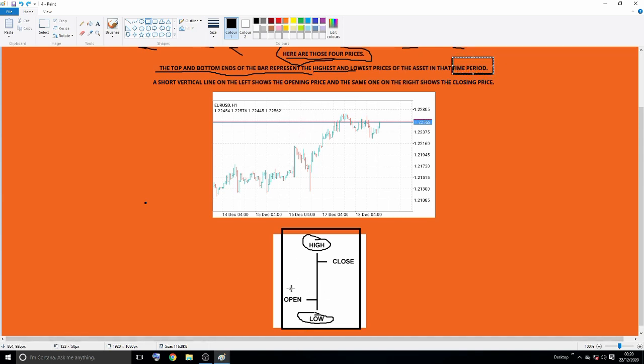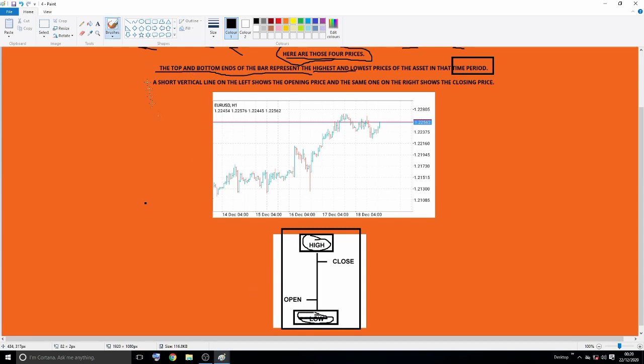So if you are on a 1 hour candle, this bar represents 1 hour of price movement. So it says here high, it says here low. So this end and this end, they show you the high and the low, right?